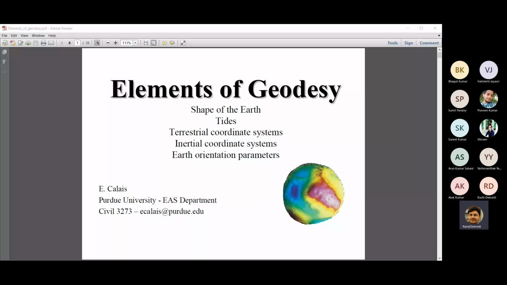You would be users after some time, so you should be aware of its working as well as its principle. At the same time, you should also understand under which category it belongs. So GPS, as a positioning algorithm, belongs to the category of space geodesy. There is a term called space geodesy.